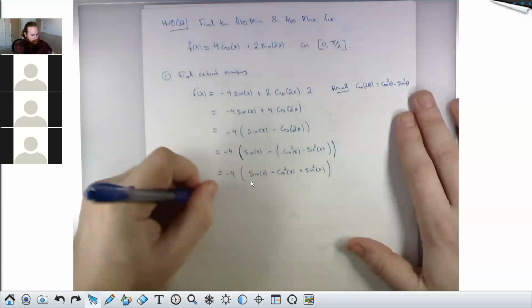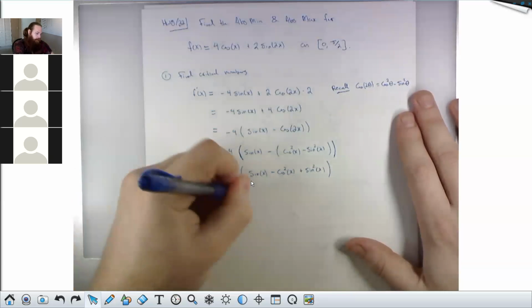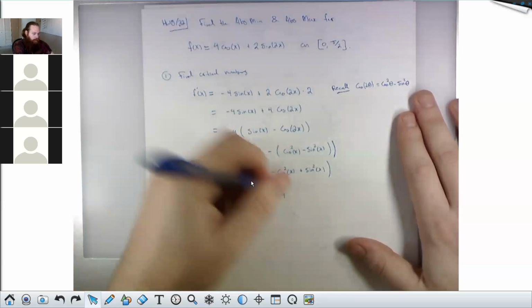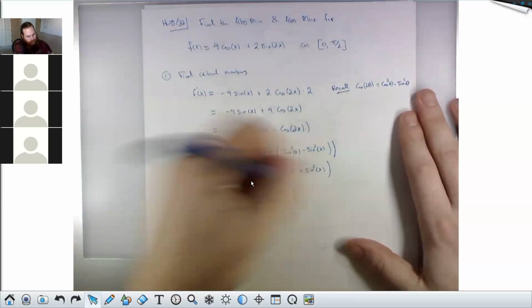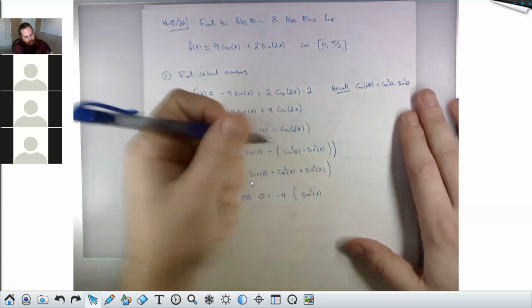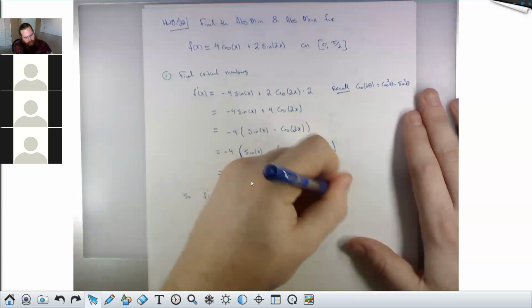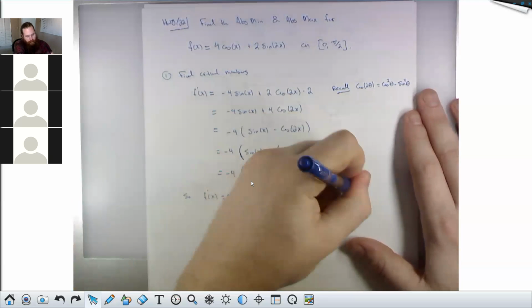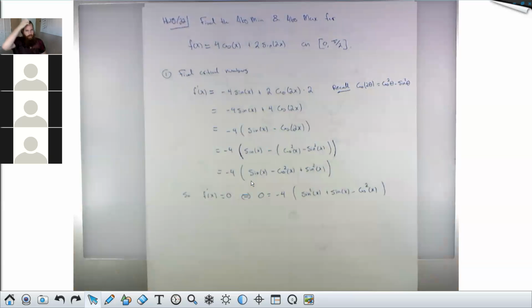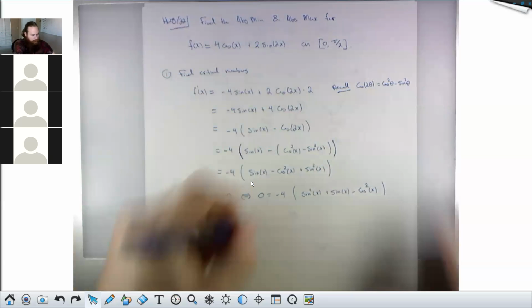F primed of x will equal 0 if and only if 0 equals negative 4 times sine squared x plus sine x minus cos squared x. You can divide both sides by negative 4.